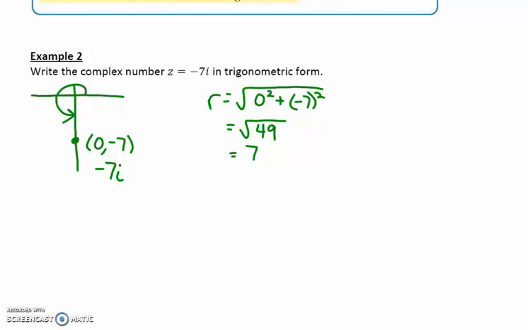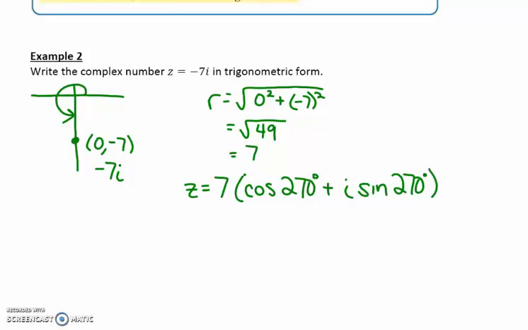You might see it written different ways. So I'm just going to write it in degrees, but again, you might see it in radians. So it's r, which is 7, times the cosine of the angle, which was 270 degrees, plus i times the sine of the angle, which was 270 degrees. And that is it.